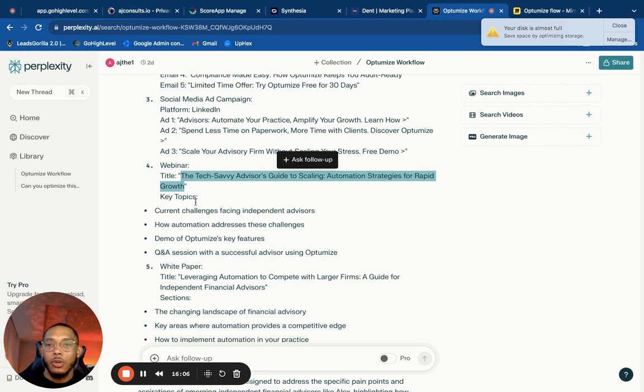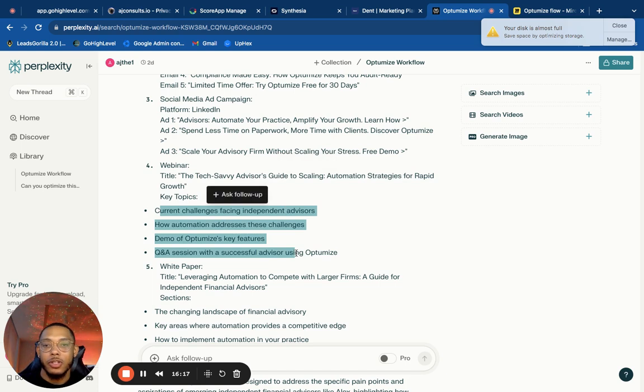What I'll do is look into how to set up LinkedIn, and how to set up the webinar within Go High Level, so that we can address these key topics: current challenges facing independent advisors, how automation addresses these challenges, a demo of optimized key features, and a Q&A session.